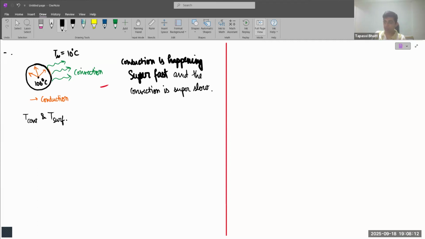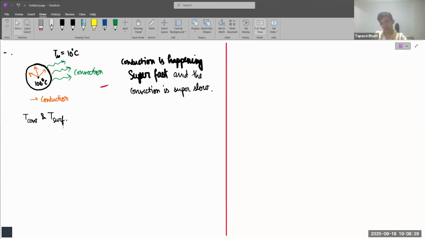What I'm trying to say is that the whole ball is almost going to be at the same temperature, and the whole ball itself as a lumped capacity model is going to lose heat, and that heat is going to go away in the atmosphere.